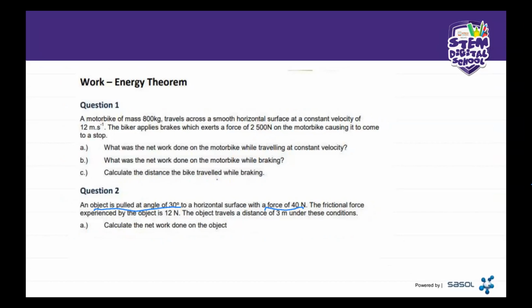On number A, our given, we've got an angle of 30 degrees, and then horizontal force, which means the force applied is equal to 40 Newton. The frictional force, the force of friction is equal to 12 Newton, and the object travels a distance of 3 meters under these conditions.